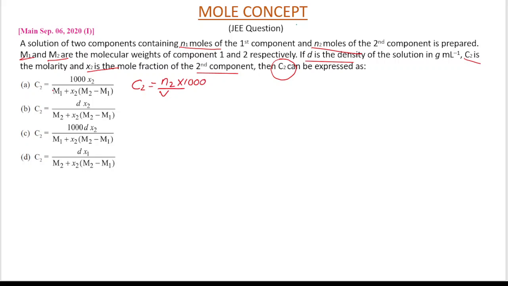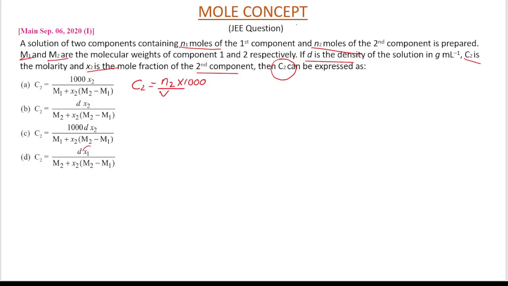But in options A, B, C and D, the n2 is not given and V is also not mentioned. So we have to express n2 in mole fractions and V in molecular mass, etc. So we need to do a lot of exercise here.